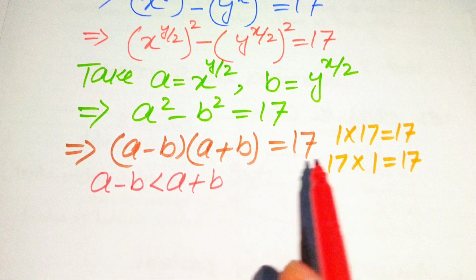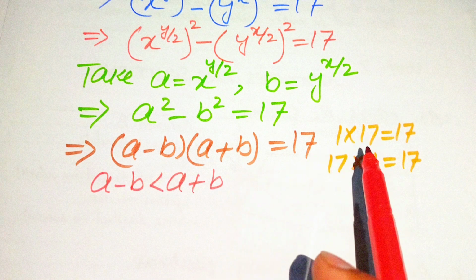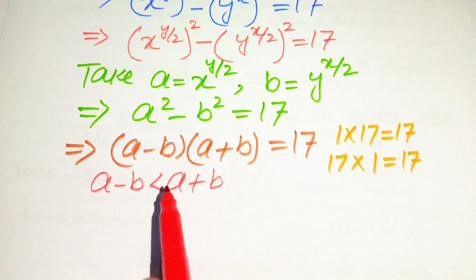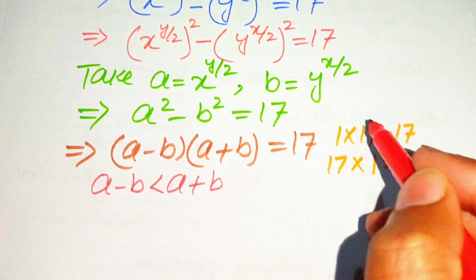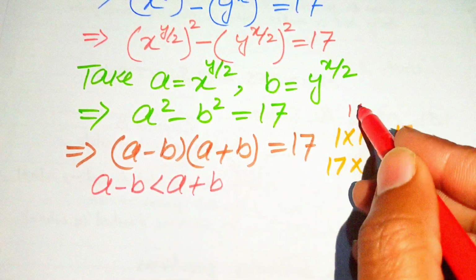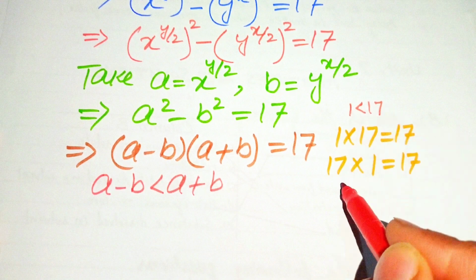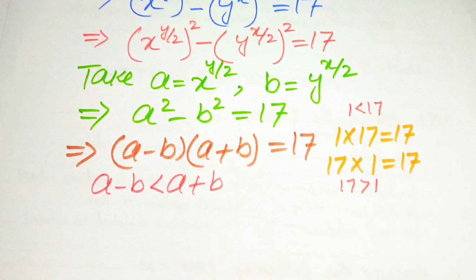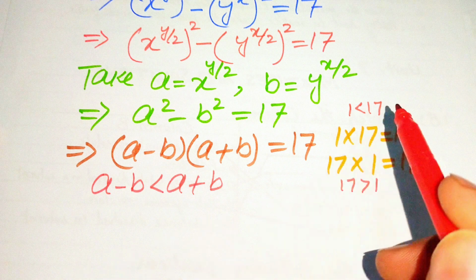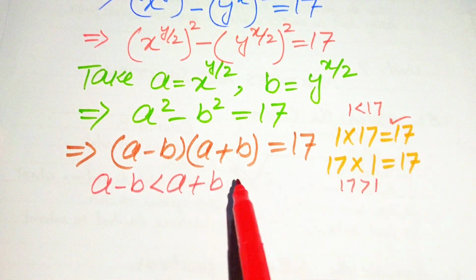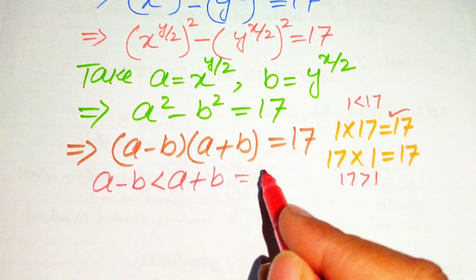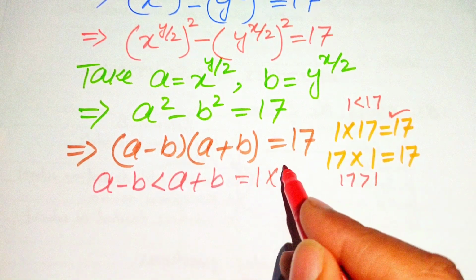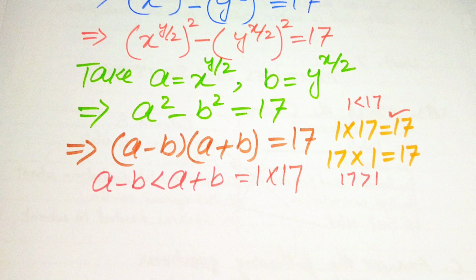So we choose the pair which satisfies this. In the first pair, 1 is less than 17, and in the second pair 17 is greater than 1. So the first pair is consistent with the left hand side, and we choose the first pair and write it as 1 times 17.